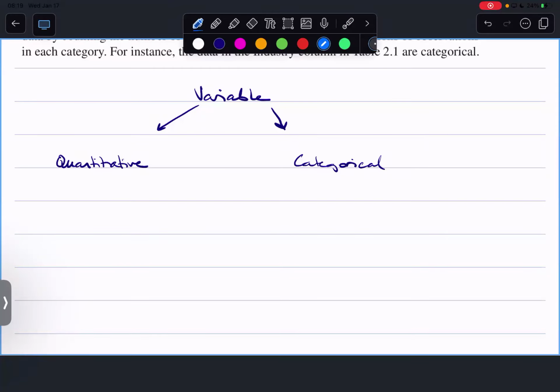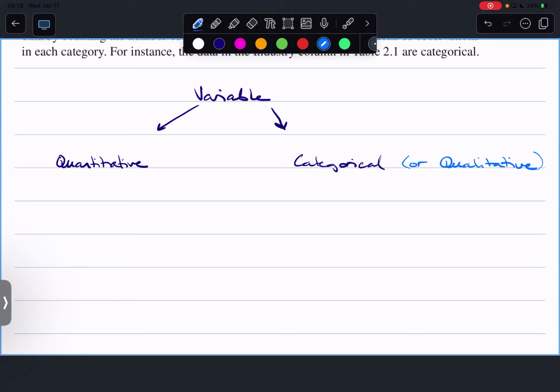Some other terms that we could use interchangeably: I prefer the link between quantitative and qualitative, as in a quality.